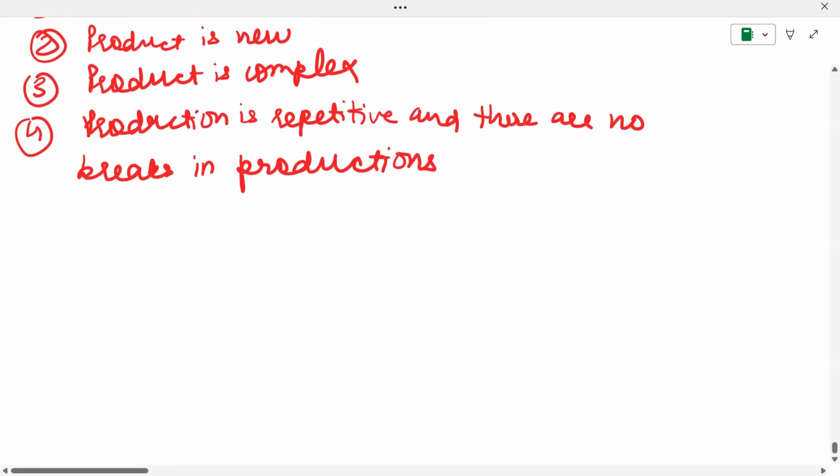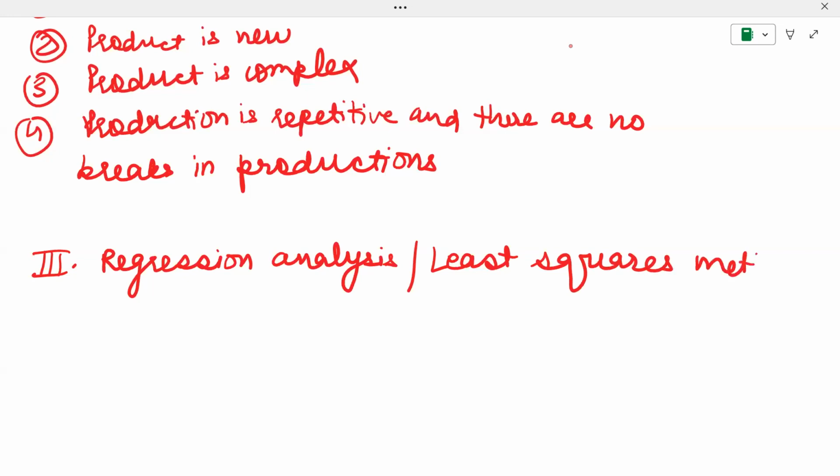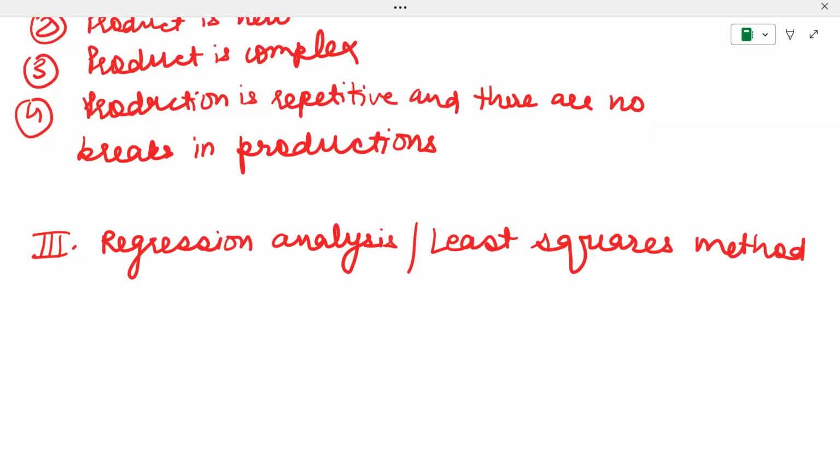Now we will move to another quantitative technique in this chapter, which is regression analysis. This is something which a lot of people are scared of, but you should not be. It's nothing so difficult. It can also be called the least squares method. Both of them mean the same thing.